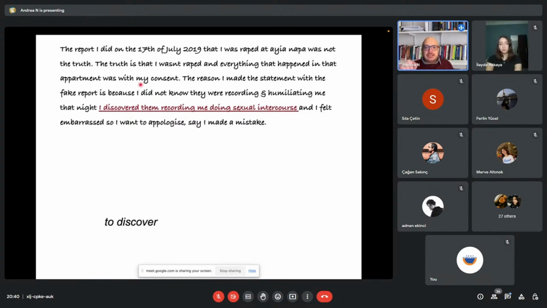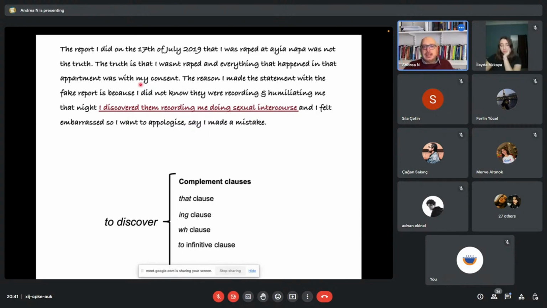So discover, as a verb in English, is a verb that takes complement clauses as objects, and complement clauses in English can come in different types. So we have that clauses, we have ing clauses, we have WH clauses, and we have to-infinitive clauses.